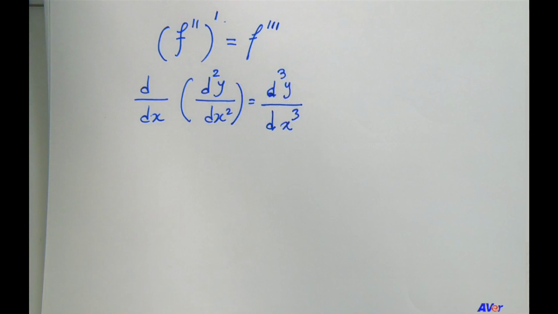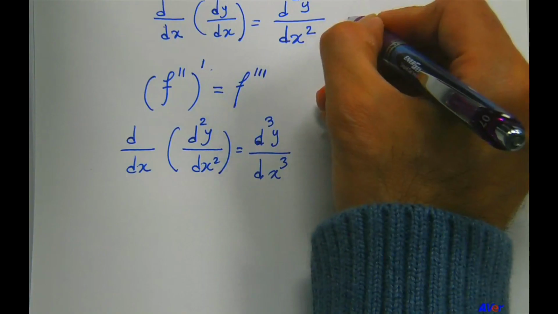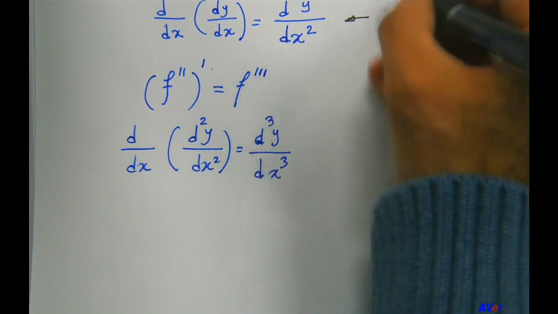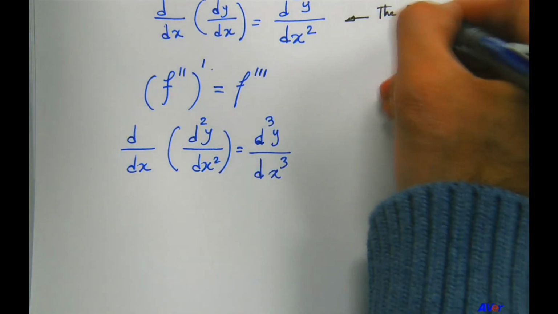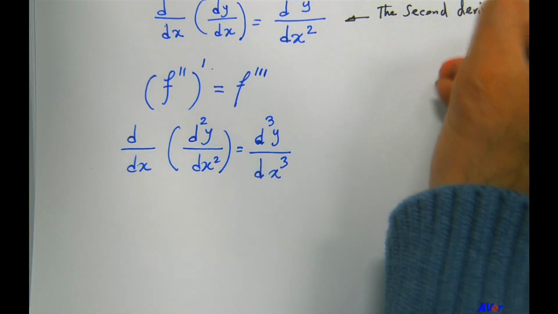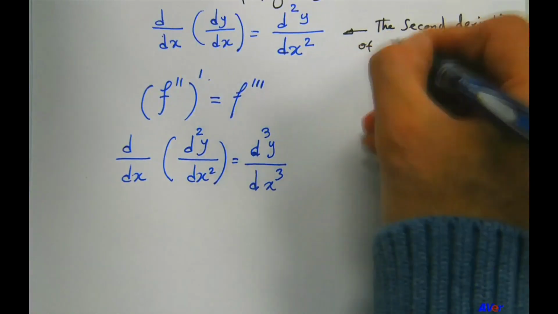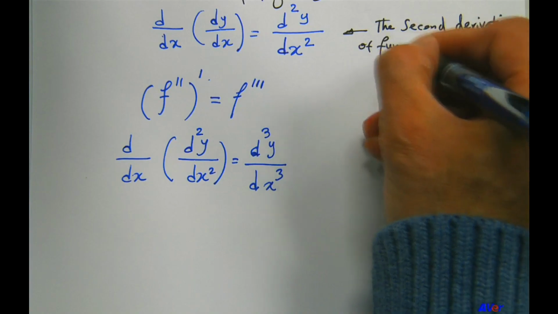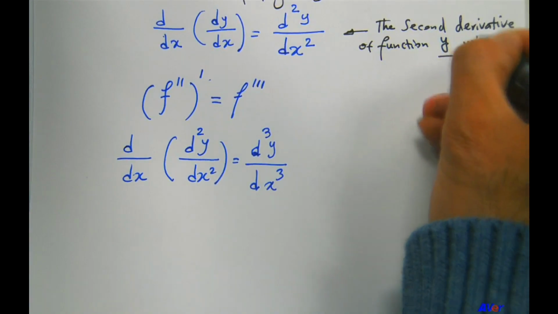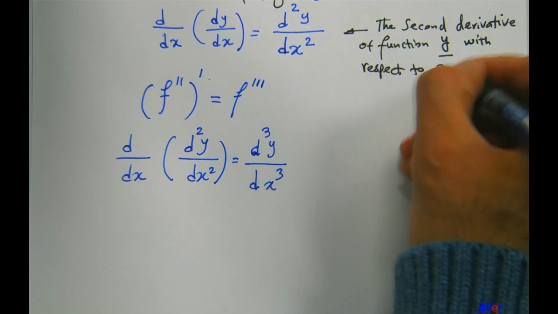As a matter of fact, let me say that here as well. I forgot to write these. So here we have the second derivative of function y with respect to x.